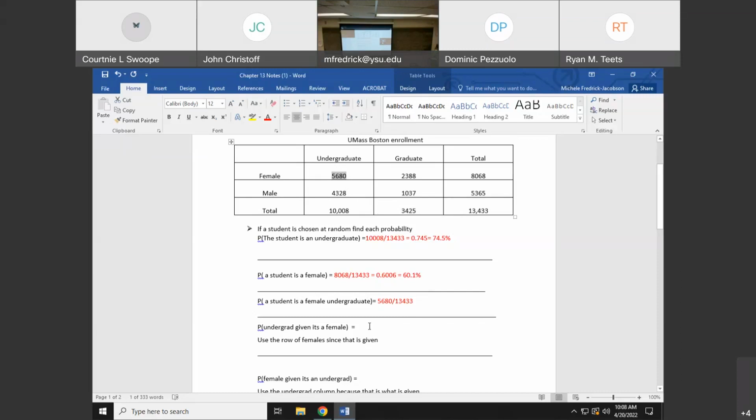Any questions on that one? Any questions before we move to the next one? Do you go ahead and divide it, do it as a fraction, or? Oh, you mean for the last one? Yeah, it's up to you. It could be the fraction, the decimal, or the percent. Any one of them is fine.